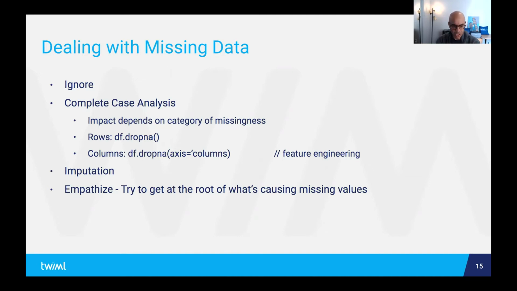And in fact, in the first case study, one of the things you're doing is looking in your data set for missing values, and if there's a missing value, you're just dropping that row.